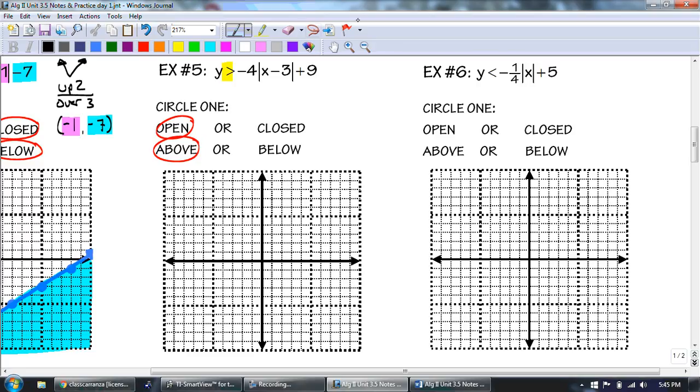So I see that it's negative, so that means there's a reflection, so our graph is going down. I need to go down 4 over 1. And then we take the opposite of the -3, which is a +3, and the 9 stays the same.